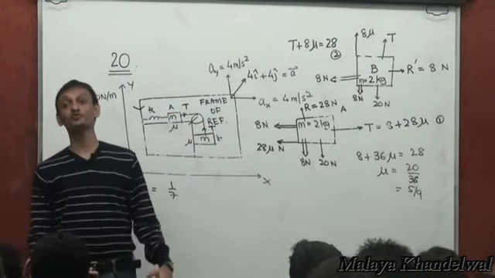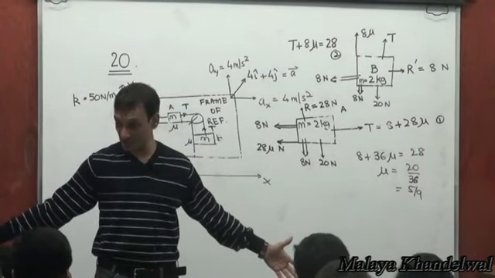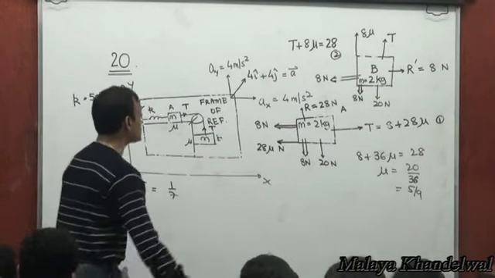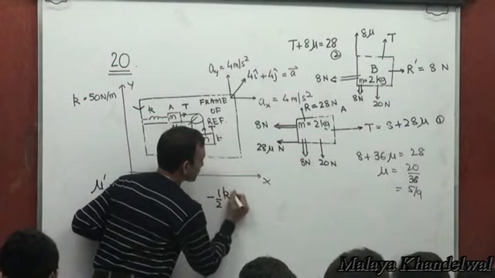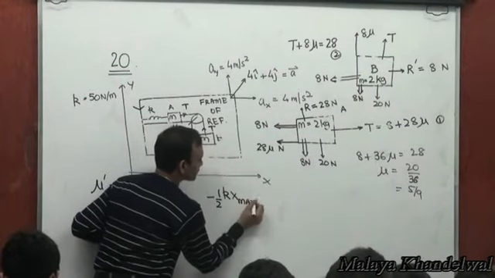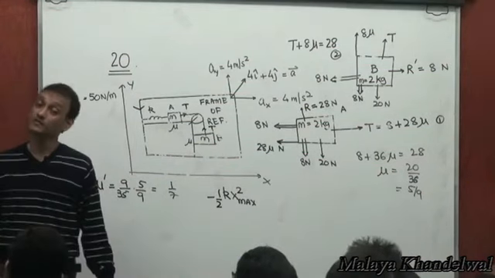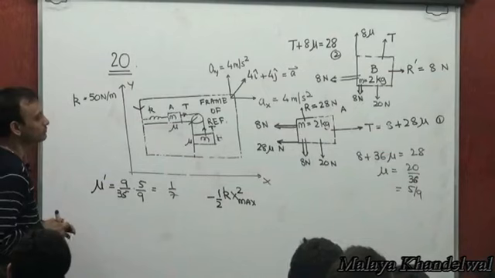Work done by the spring force would be the negative of the change in elastic potential energy of the spring, which is minus half k x max squared.